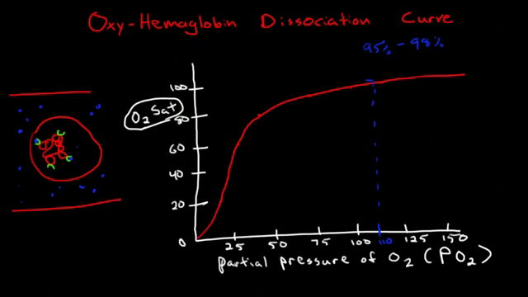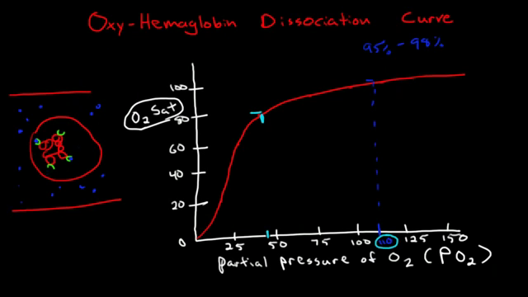So as we move to the left on this oxygen-hemoglobin dissociation curve, we get down to a level of oxygen concentration that we might see in the tissues. Remember, the higher level is normal in arterial blood and the arterial side of capillaries, but if we get down into the tissues, the oxygen level is going to be lower because the tissues are using the oxygen.